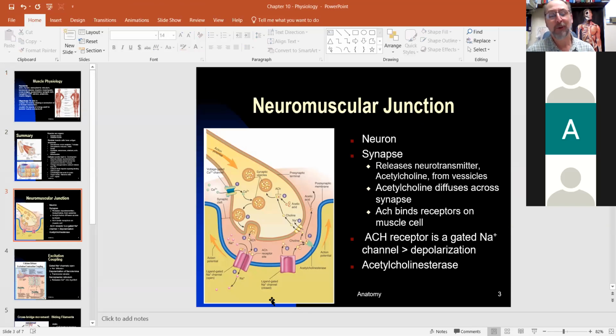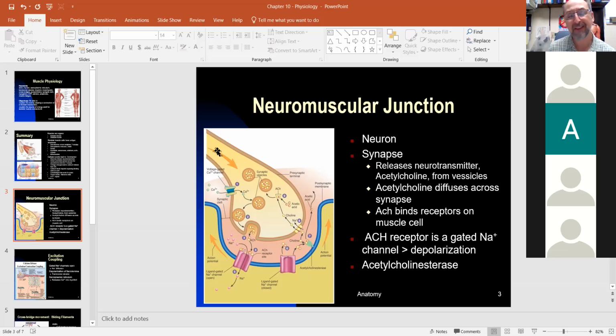Okay. So the neurons, nerve cells, that's this upper part up here, have an action potential, an electrical change in a nerve cell, and that causes these vesicles here that contain stored chemicals to fuse with the membrane and release those stored chemicals. These chemicals are the signals that nerve cells release.